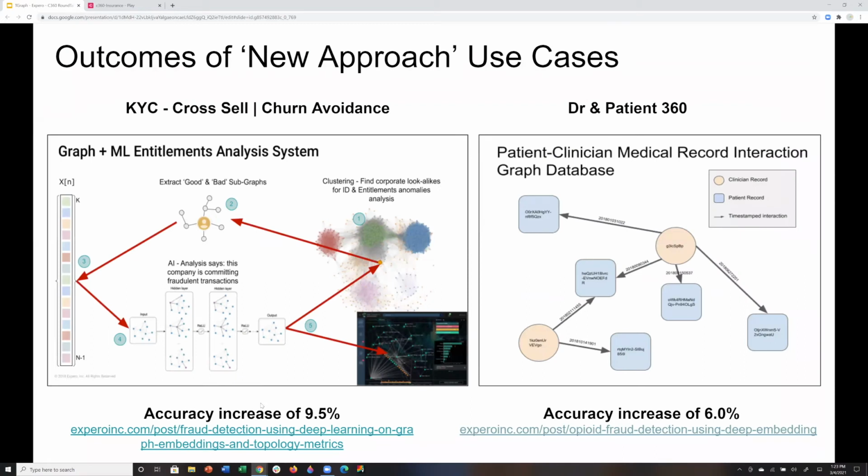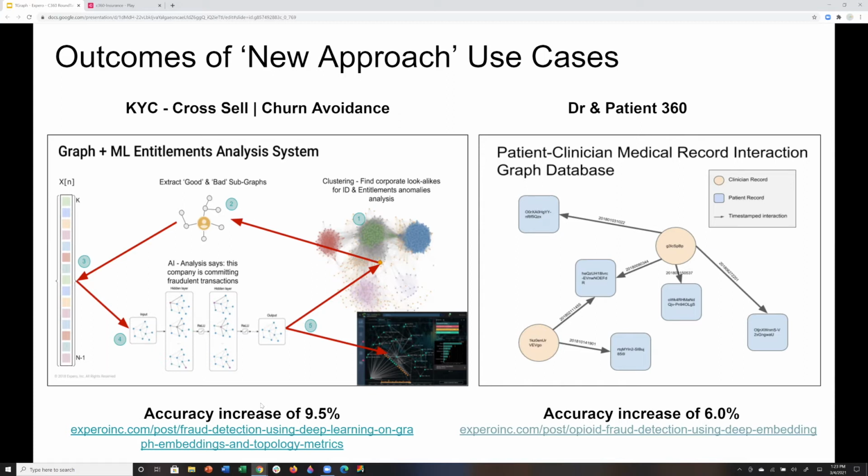Now, these are examples from some of our joint customers. And what we see over on the left is taking a KYC or cross-sell churn avoidance, being able to increase the accuracy. Intervention of 10% is enormous. Now, no longer are we sending coupons to 1 million people. We're sending coupons to people we know have a high proclivity to react or are in an intervention loop.